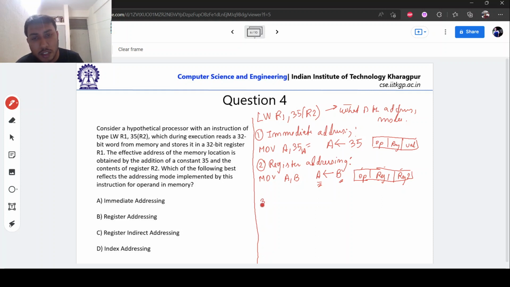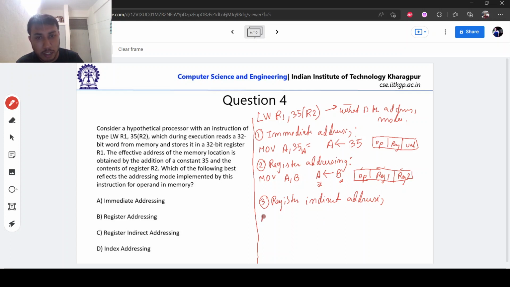So let's look at the third kind of addressing mentioned here: register indirect addressing.